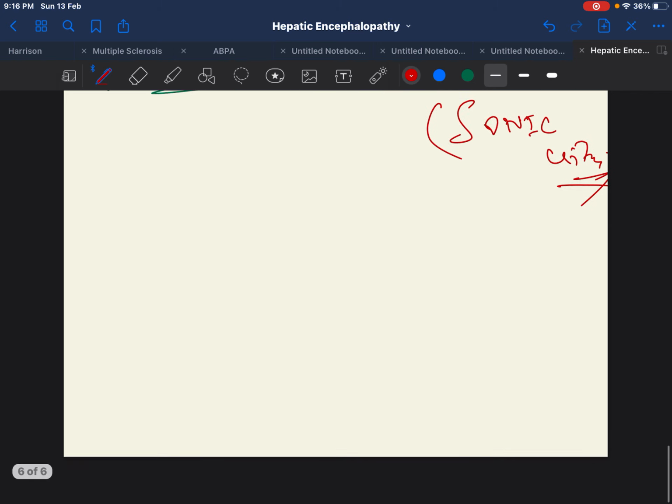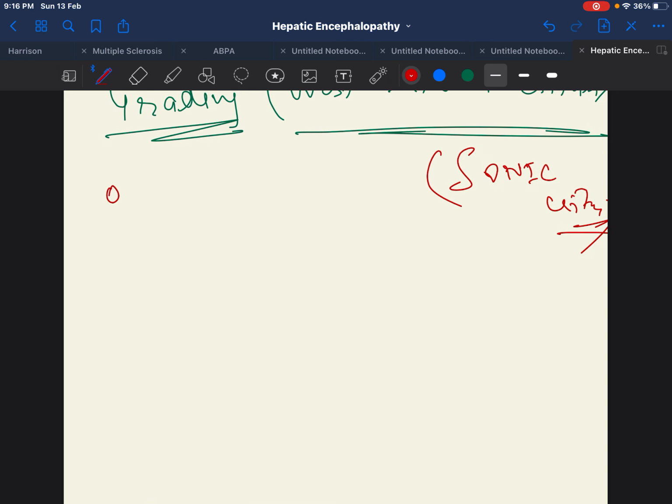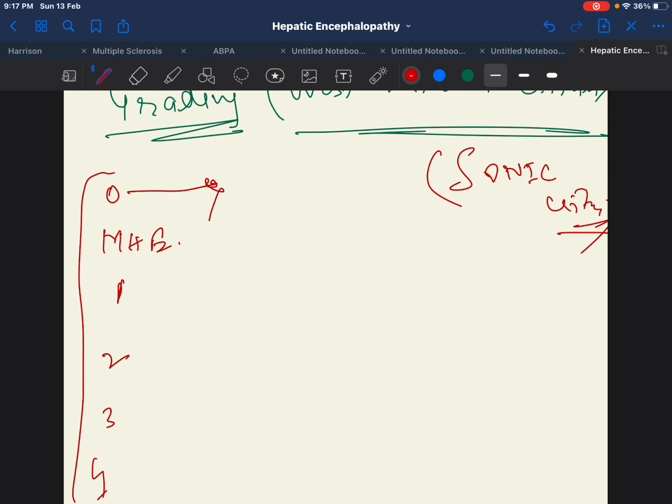Okay, so there are 4 grades. One is 0, which is minimal hepatic encephalopathy, then 1, 2, 3 and 4. So grade 0 is a patient who is normal, right?